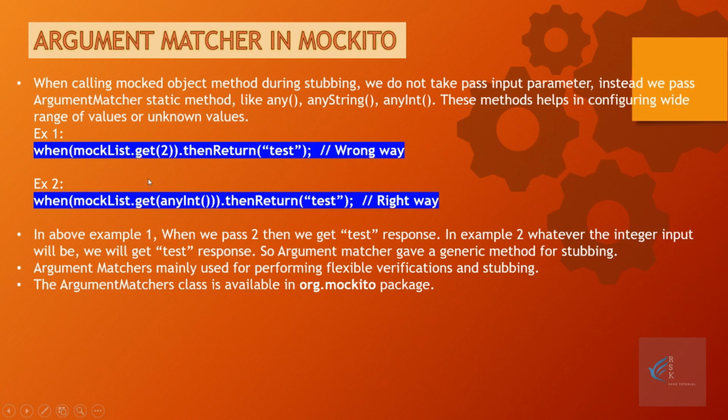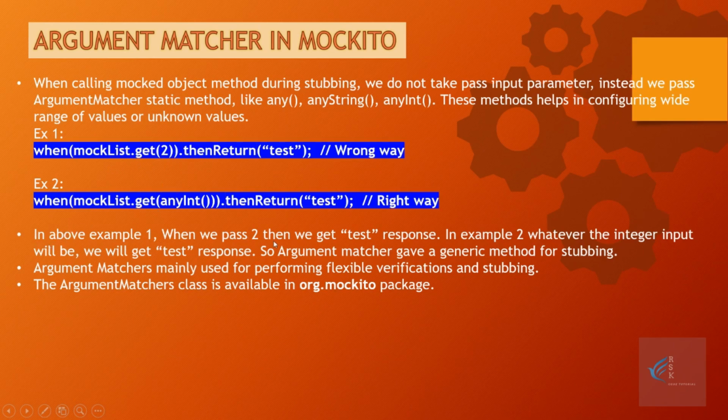Mockito says this is the wrong way. In example 2, we write when mockList.get anyInt, then return "test". This is the right way according to Mockito. It is not that one is incorrect or correct; it is just the way we write stubbing in Mockito.